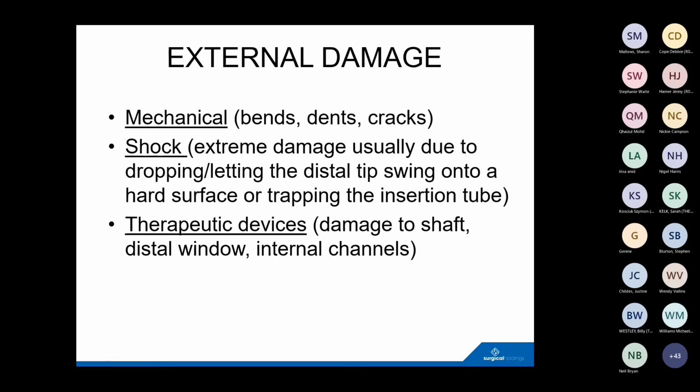There is internal damage that can be caused by various therapeutic devices. There's more and more technology being developed in terms of what can go through a biopsy channel, but it can put pressure on that biopsy channel. I've already mentioned, for example, putting a laser fiber, which is a fairly rigid piece of glass. It's flexible, but the tip is quite rigid, and that little tip can quite easily go through an internal channel.